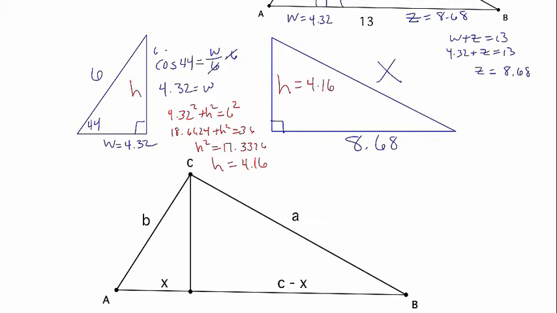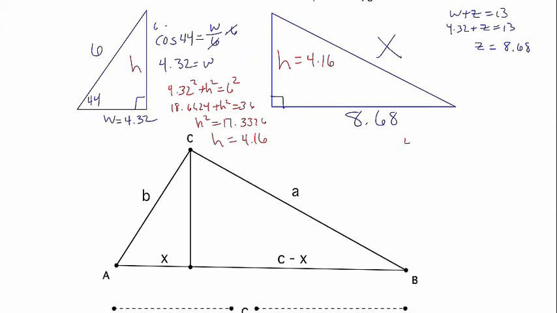So now that I know h is 4.16, I can do another Pythagorean theorem over here where I can say 4.16 squared plus the 8.68 squared should finally equal that x squared. So when I do that, 4.16 squared is 17.3056 plus 8.68 squared, which is 75.3424.